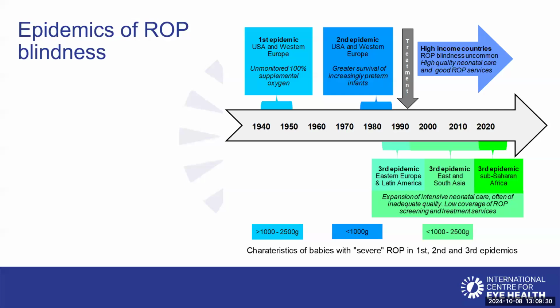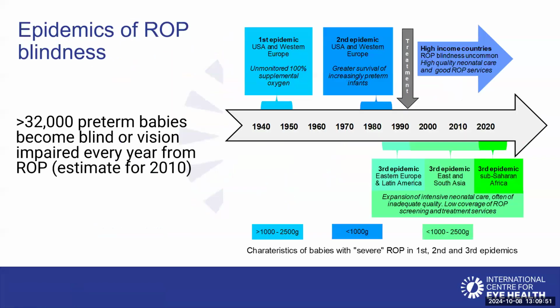So the take-home message is that blindness and visual impairment from retinopathy of prematurity is largely preventable, but it requires a team approach: people who work in neonatal units, as well as the eye care sector.